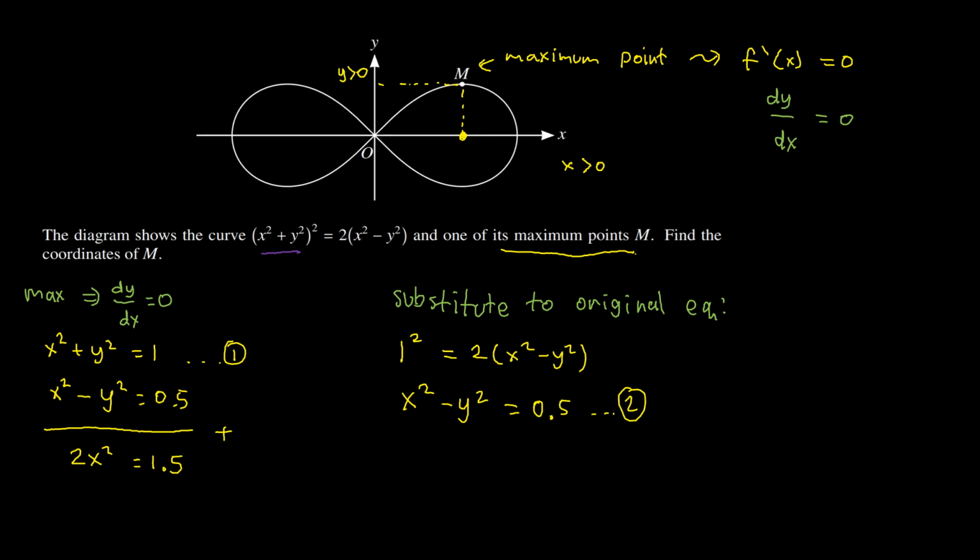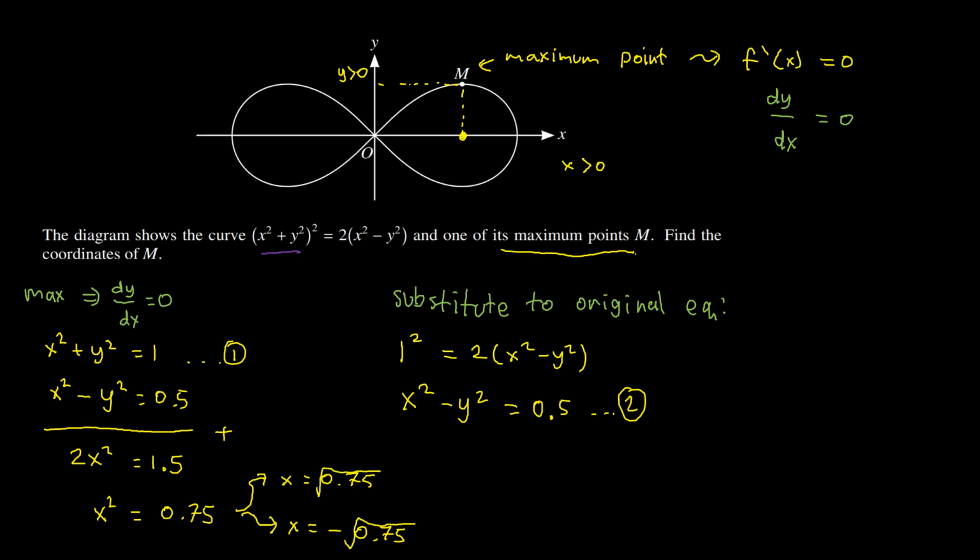Okay, so now I will have x squared is equal to 0.75, or from here we can get that x is the square root of 0.75 or x is minus the square root of 0.75.